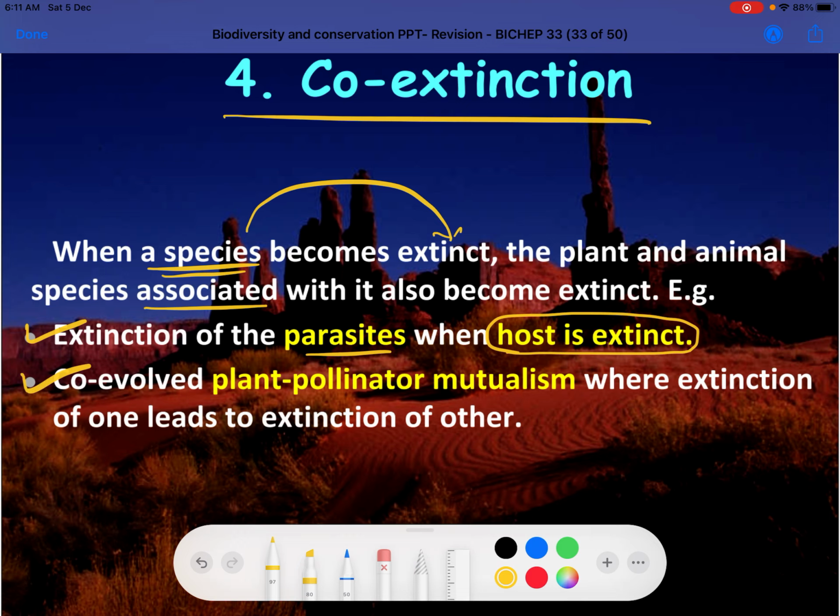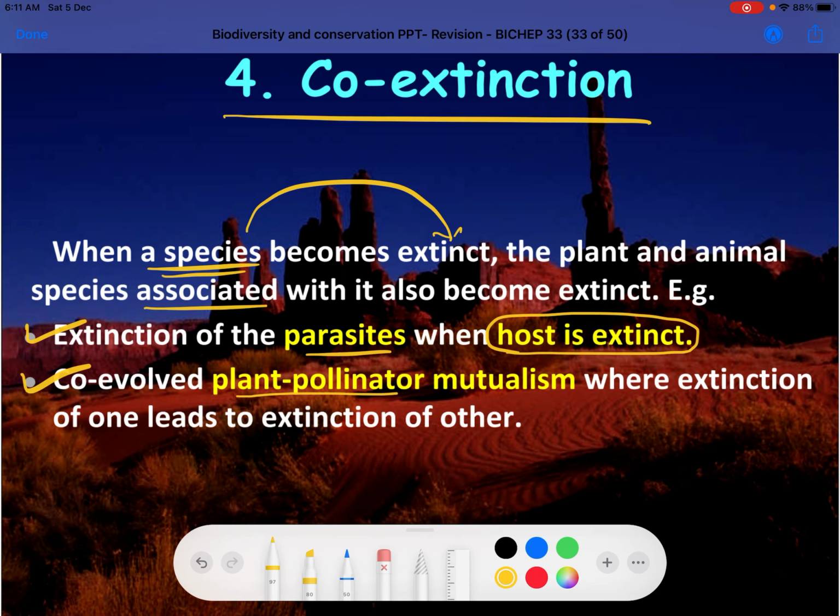Fine. Co-evolved, this is the second example. Co-evolved plant-pollinator mutualism, we have already gone through it. Whatever changes are faced by, for example, a particular plant, similar types of adaptive changes happen in the vectors which are pollinating them, right? So it is called plant-pollinator mutualism.